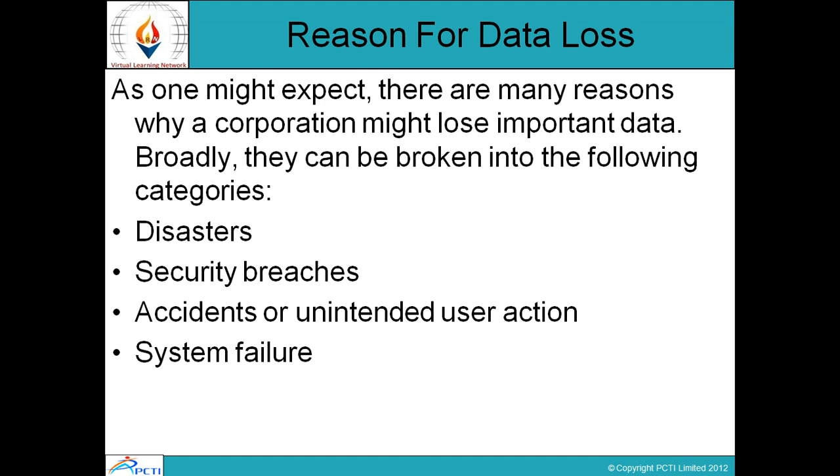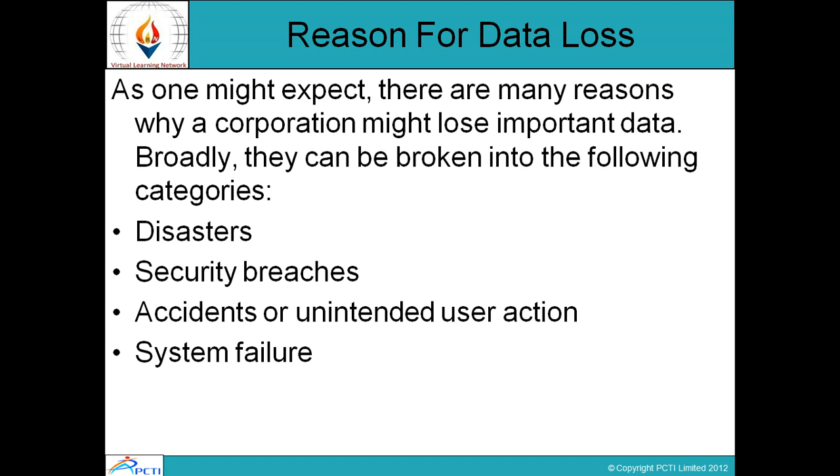There are many reasons why a corporation might lose important data, and they can be broken into categories: disaster, security breaches, accidents or unintended user action, and system failure. That's the basic reason why you want to protect your data.